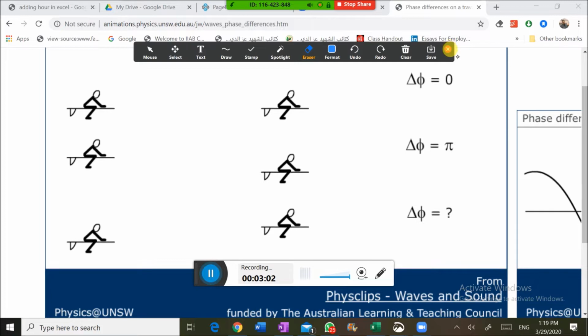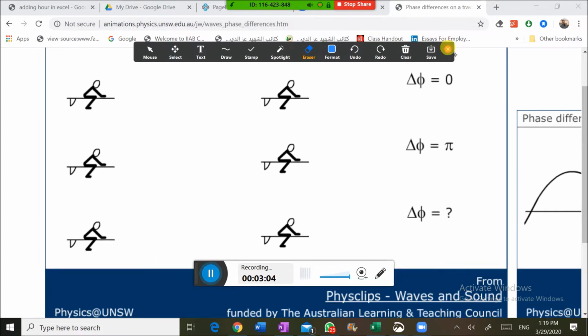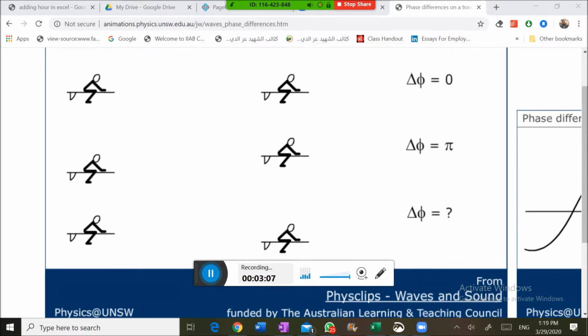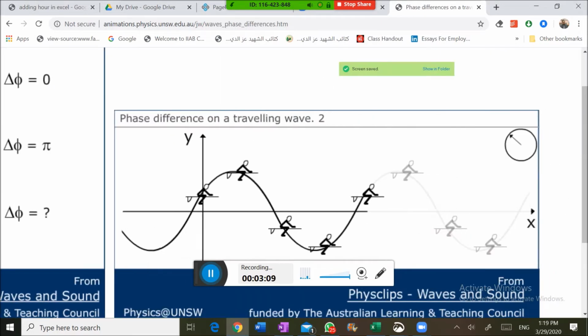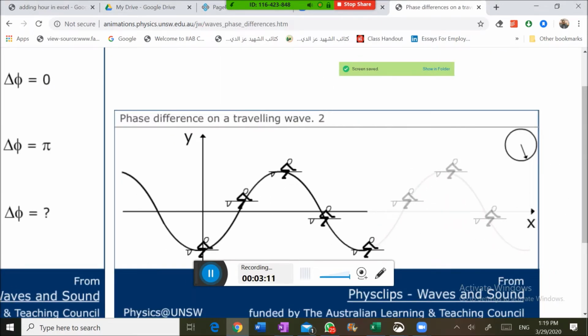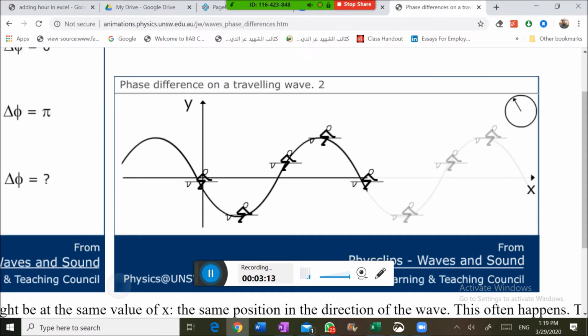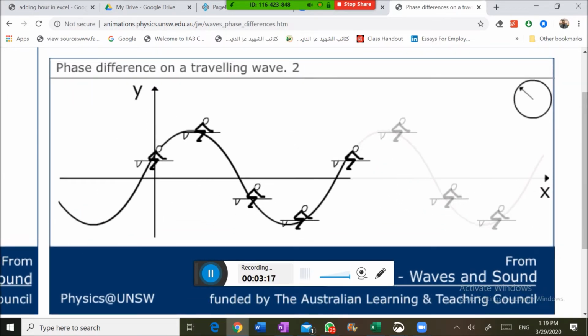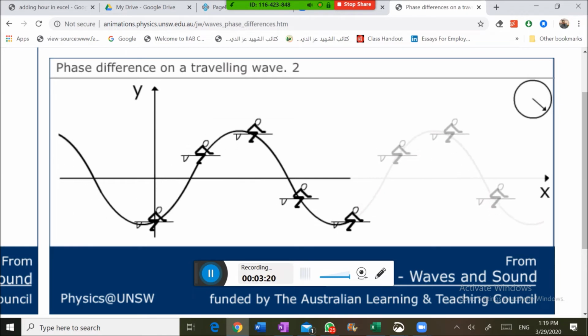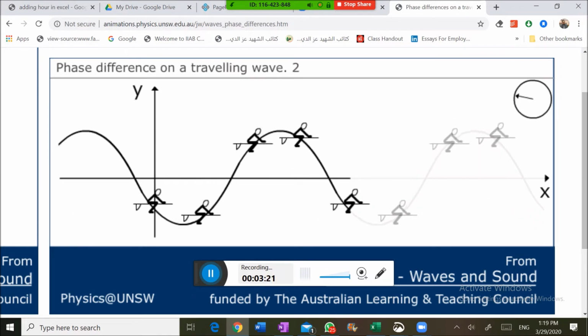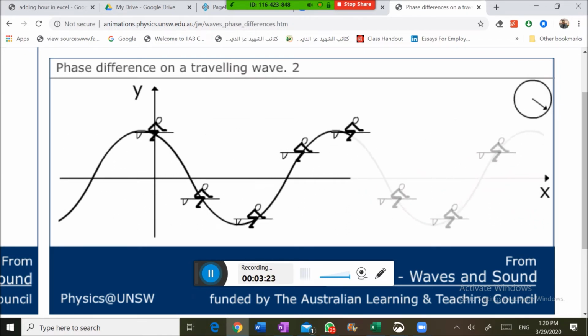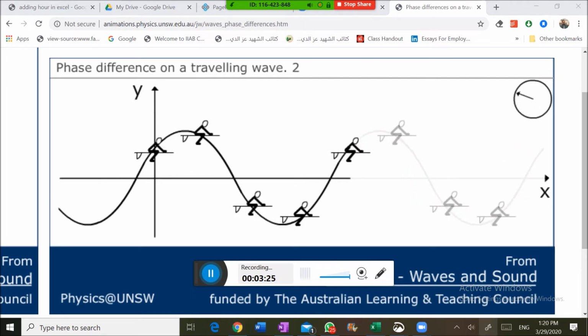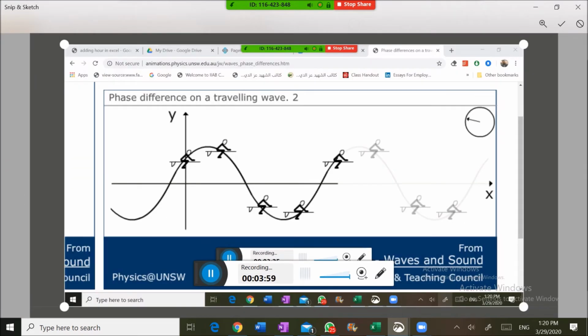Okay. Now, how can we represent that? How can we represent the phase? Look. If I ask you a question here, if I take a snapshot, let me go back.